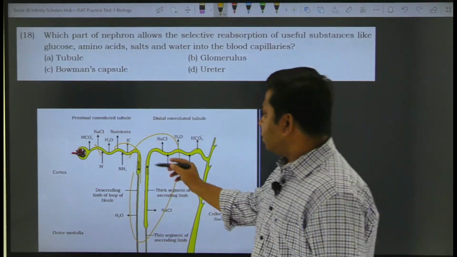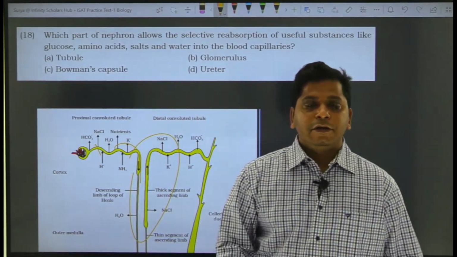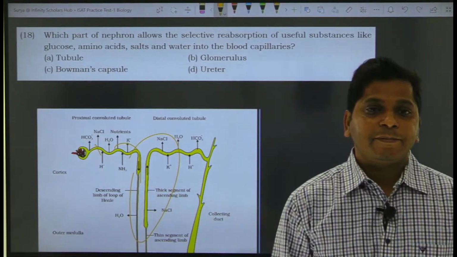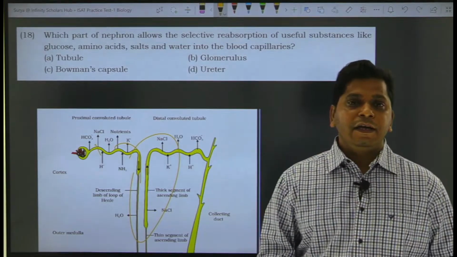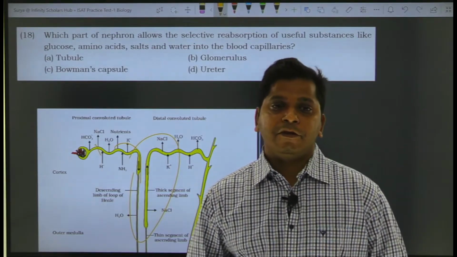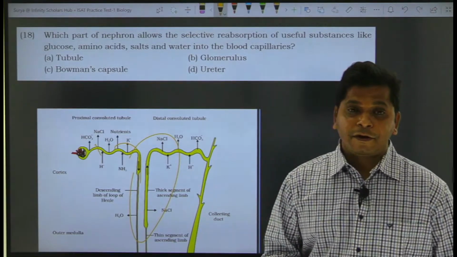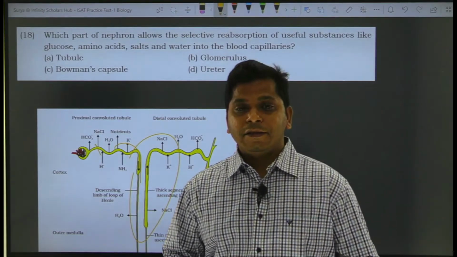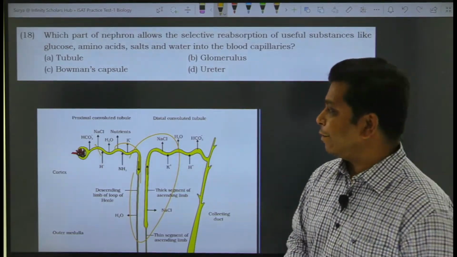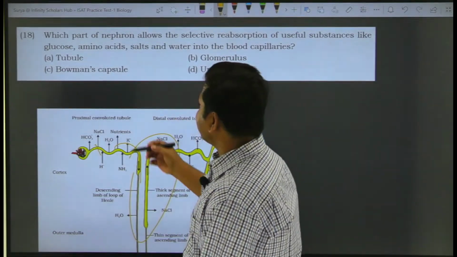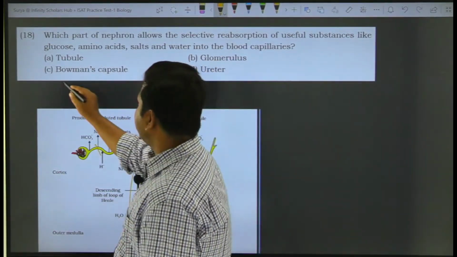nephron. So the nephron can be divided basically into 2 parts, the tubules and the Bowman's capsule. The Bowman's capsule helps in the filtration of the excretory product, whereas the tubular part of the nephron is helpful for the reabsorption of these good products which have been already filtered out. Water is a good product for the body. If there is no water, we will not be able to carry out all the metabolic activities. The choices given here are tubule, glomerulus, ureter, Bowman's capsule.